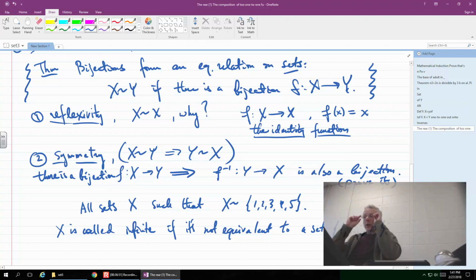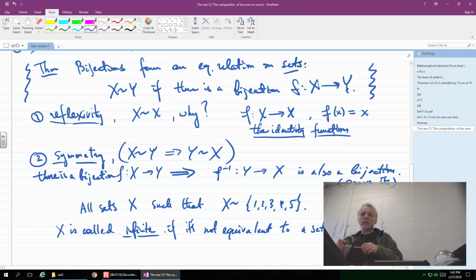So I point out the sets that we know to be finite, 1 through n. So specifically integers, we put the n integers in that set. So we know that is finite. So if there's a set which does not have a bijection from itself to a set like this, then we call that set infinite. Okay, so we do it in the negative.